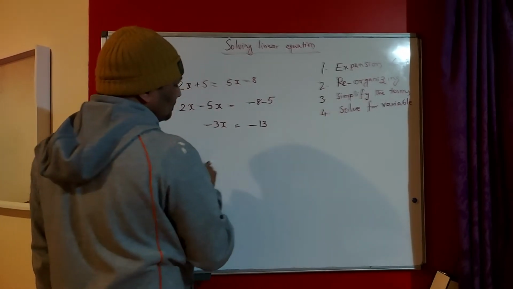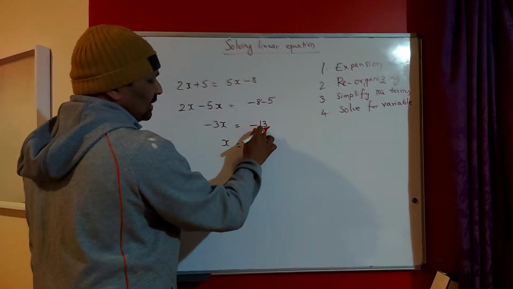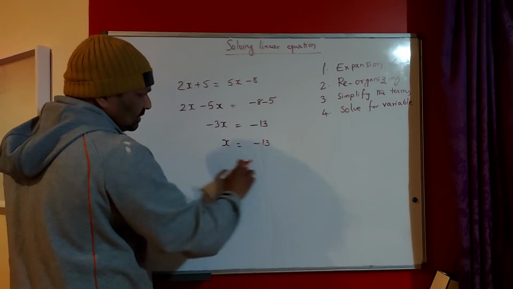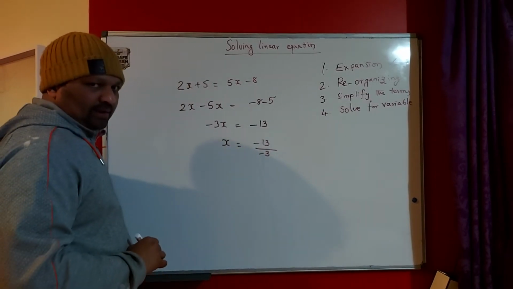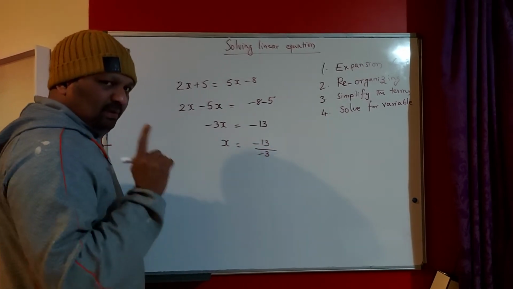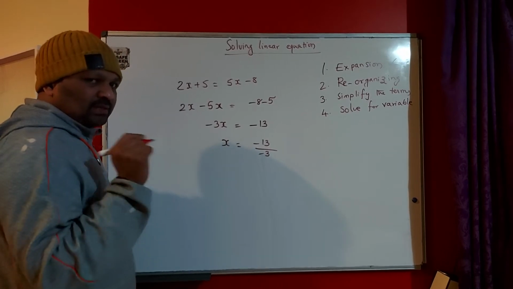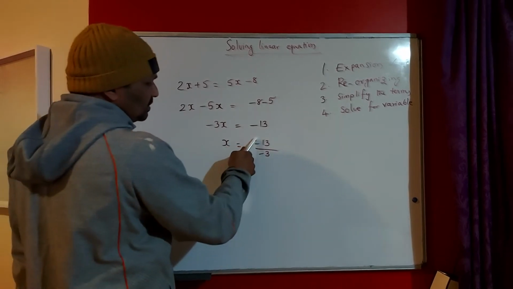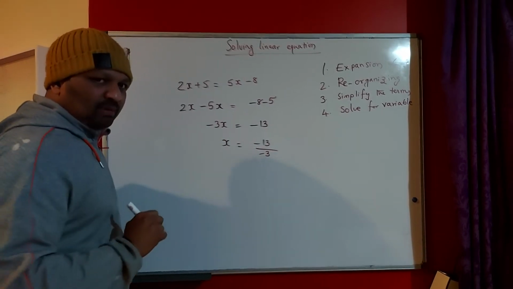Solve for the variable. What is the variable? x is the variable here. Minus 13 on the right side. If you take minus 3 to the other side, it becomes a division by minus 3. Minus by minus is plus, plus by minus is minus, plus by plus is plus. If you have the same symbols on the numerator and the denominator, the result will be positive.